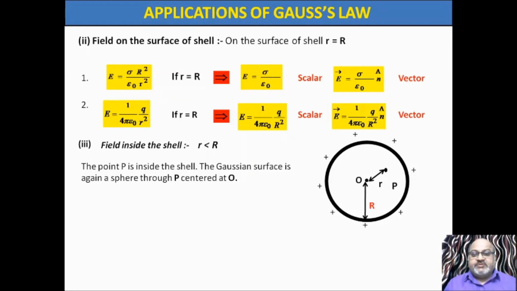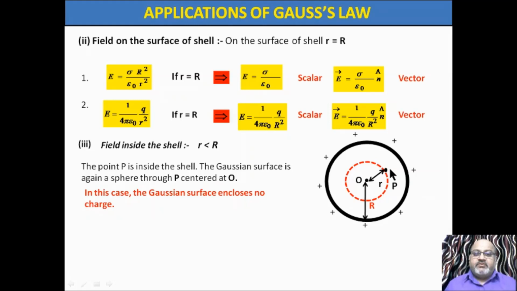Our spherical shell is positively charged. Sigma is greater than 0. Same sphere we are drawing here again to understand the concept. This is the Gaussian surface, a spherical Gaussian surface passing through our point P.